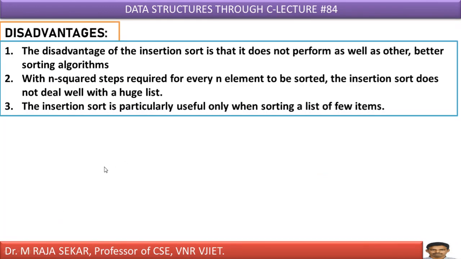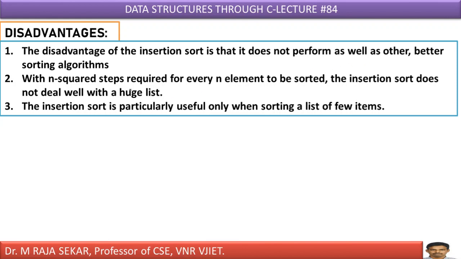If you speak about its disadvantages, the disadvantage of insertion sort is that it does not perform as well as other better sorting algorithms, like quick sort. This is not that efficient. There are other sorting techniques which are better than this sorting technique.